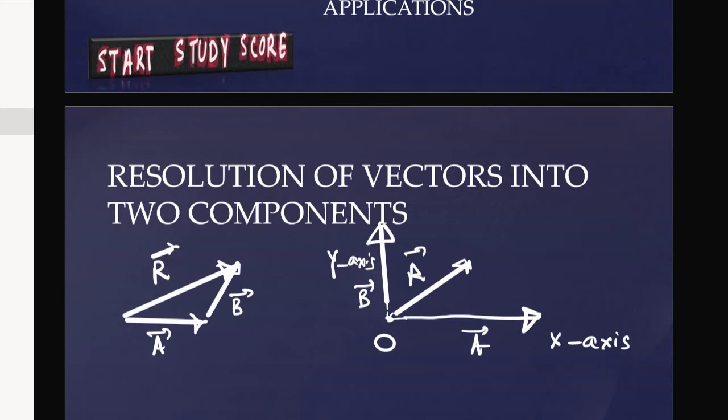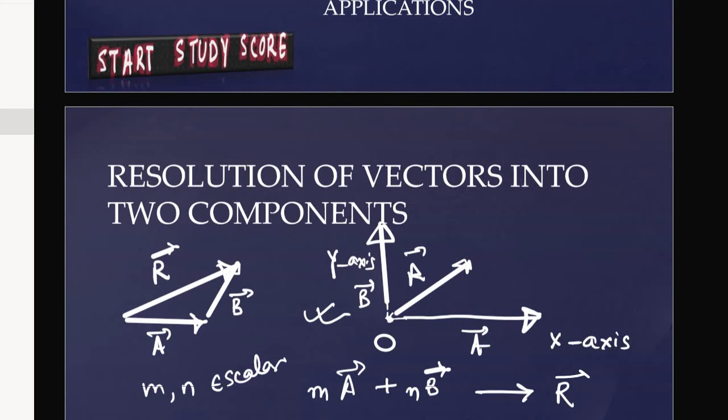When we add A and B from here, we will get R. It may happen that when I add A vector there will be some numerical value, let it be M, and for B vector some numerical value, let it be N. Both M and N are scalar quantities. So when I add them up, that will lead to simply the R vector.